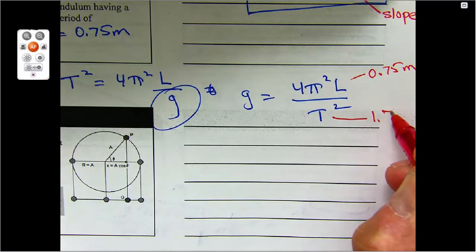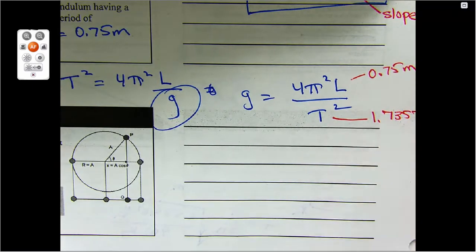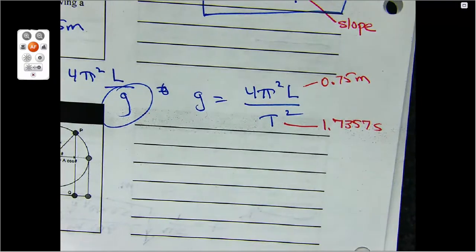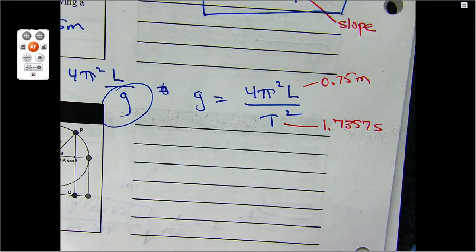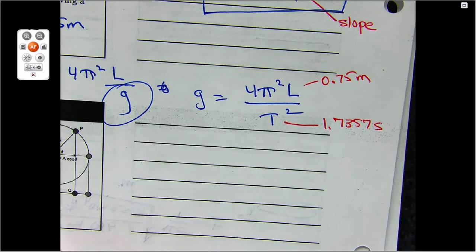The period is 1.7357 seconds. And I'll actually punch this in: 4 times pi squared times 0.75 divided by 1.7357 squared. 9.83.